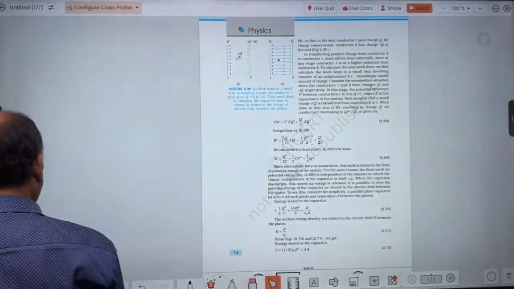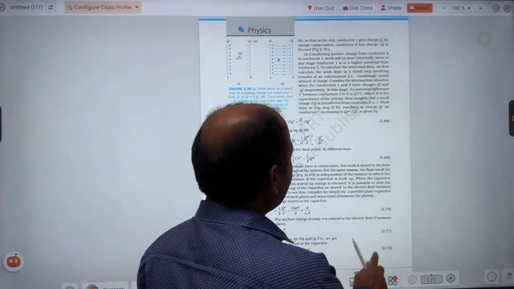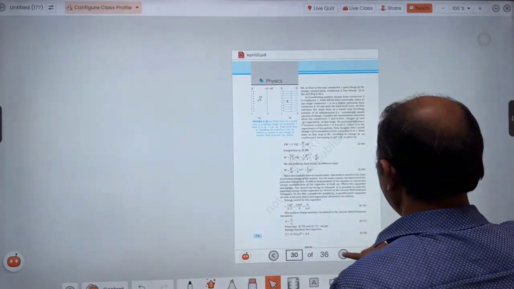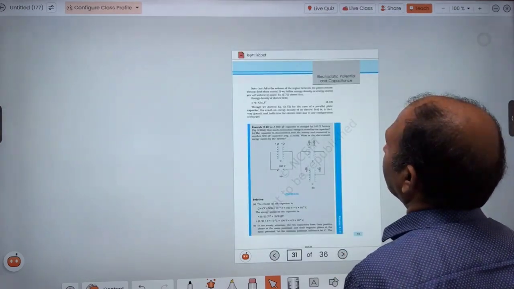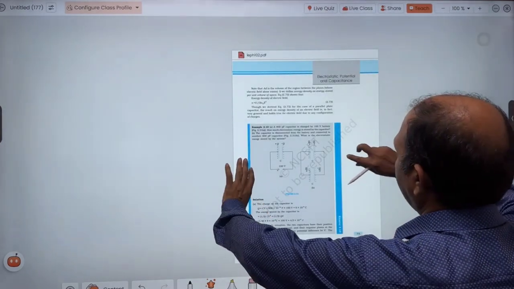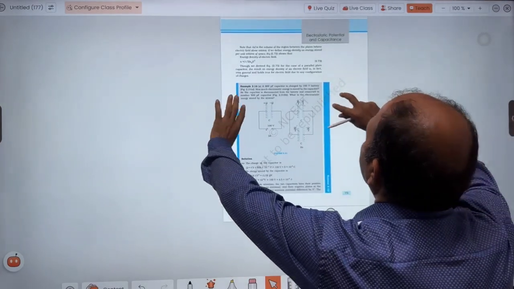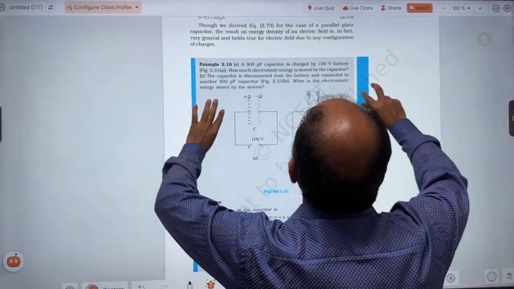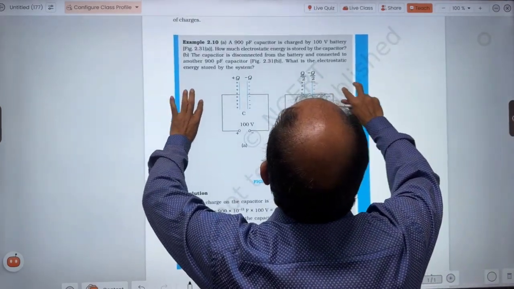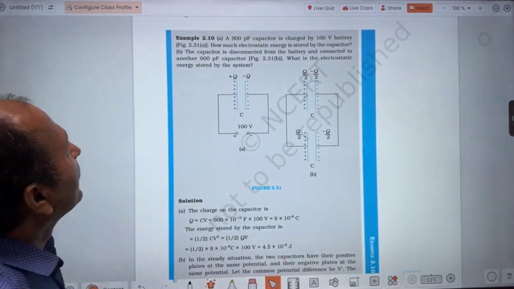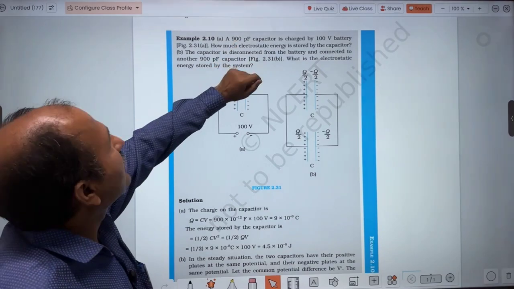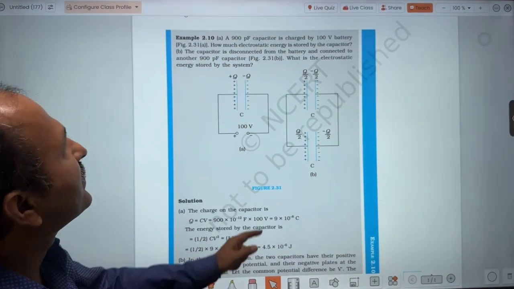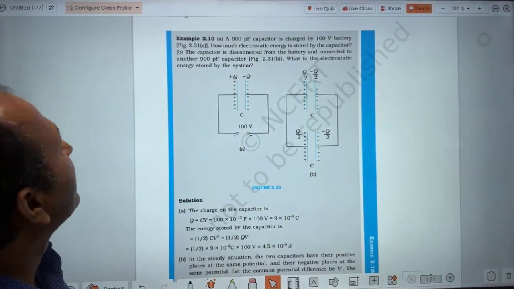Now we are going to see another concept. Here, there is one numerical. You are given a capacitor. A 900 picofarad capacitor is charged by a 100 volt battery.